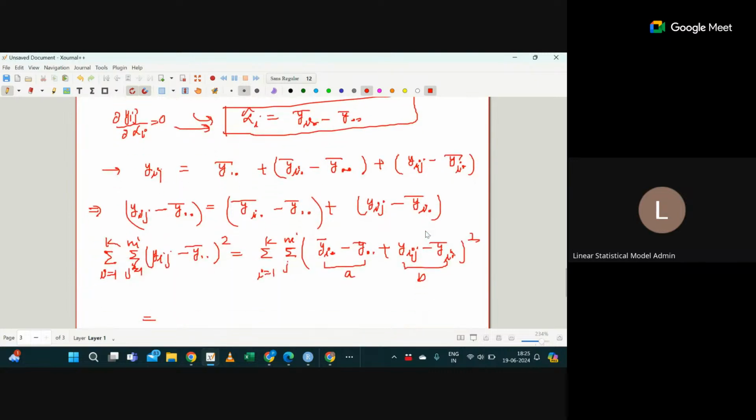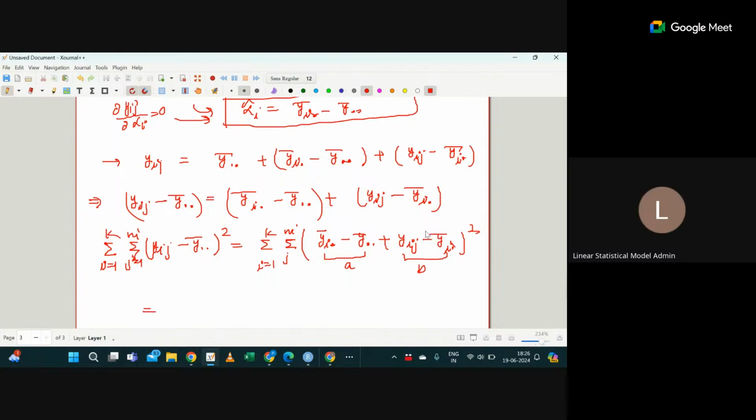All right, so y_ij minus y bar double dot equals y bar i dot minus y bar double dot plus y_ij minus y bar i dot. I think this is right, because A would be the sum of squares between, and B would be the within, right? Yes, I think it's correct.